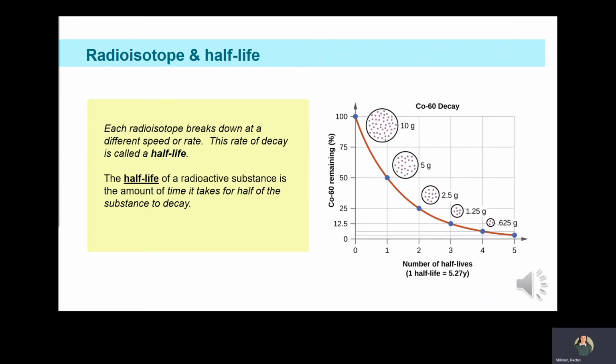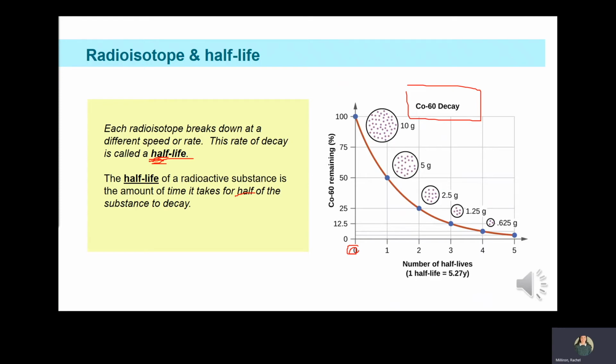Each radioisotope breaks down at a different speed or rate, and that rate is called half-life. The half-life of a radioactive substance is the amount of time it takes for half of the substance to decay. If we look at this isotope, cobalt-60, the initial amount that we start with at 0 is 10 grams. 100% of that isotope exists.